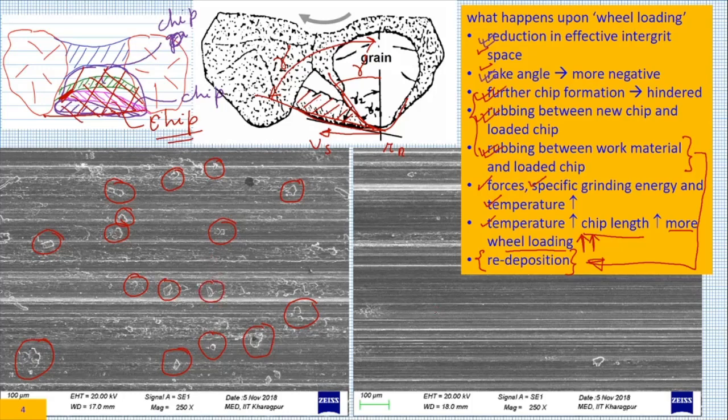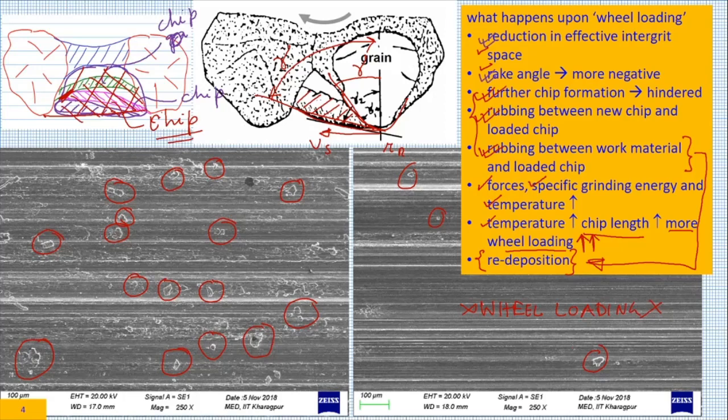This is a surface where wheel loading did not take place. It was free of wheel loading, and as you can see, the amount of redeposition is very, very less. Possibly this redeposition has come from grid tip adhesion, from that kind of thing.